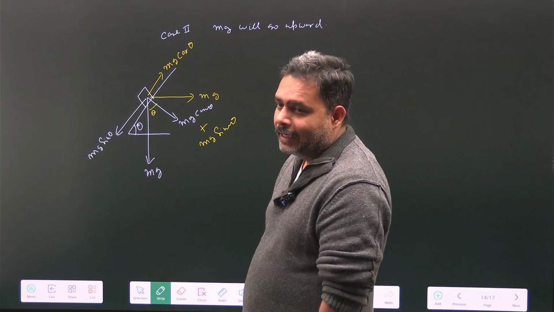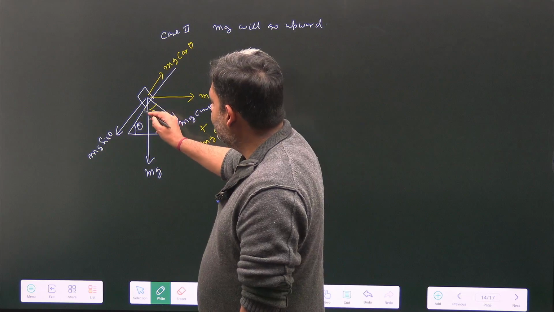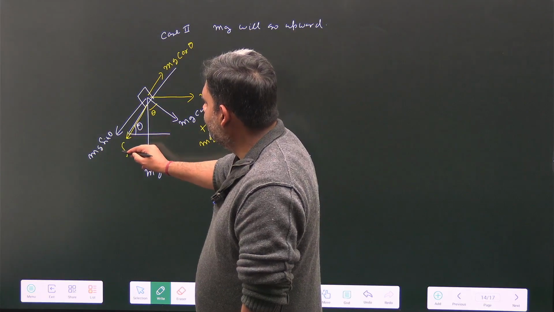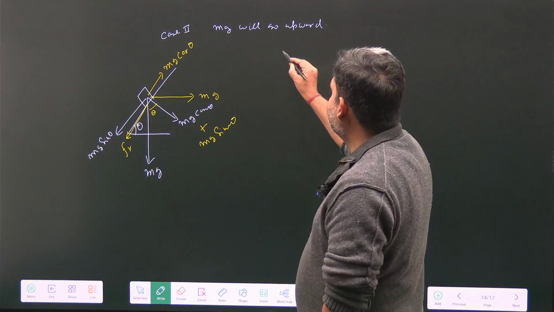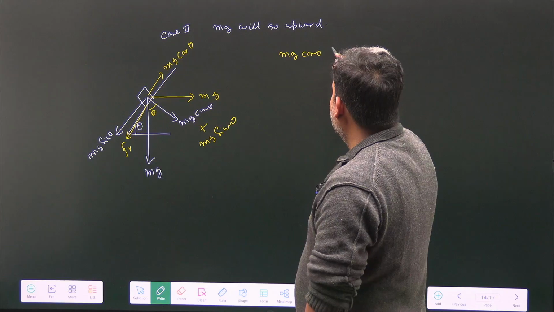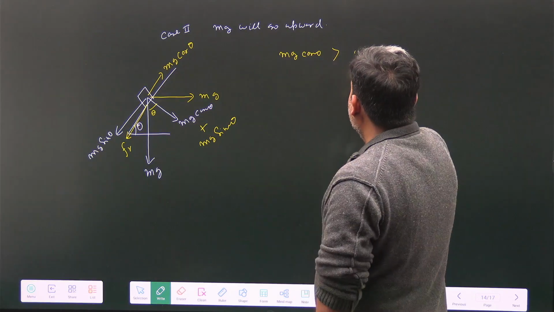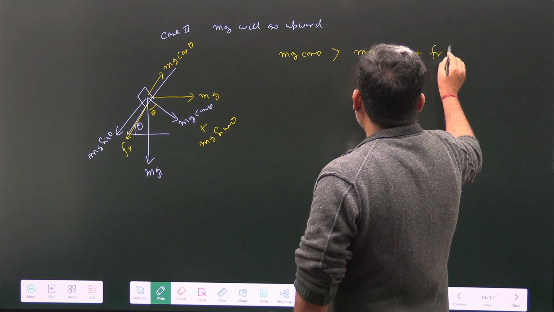Which direction is this block going? It is going upward. So what will be the direction of frictional force? The direction of frictional force is downward. So what is the condition if it is going upward? The condition is mg cos theta must be greater than mg sin theta plus frictional force.